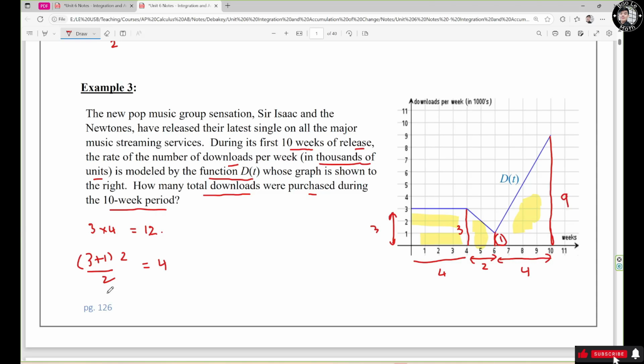So we have 9 plus 1, times 4, divided by 2, which is 20. Now if you add these up, it is 36. This is the final answer.